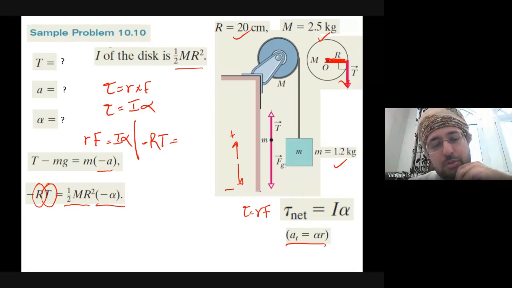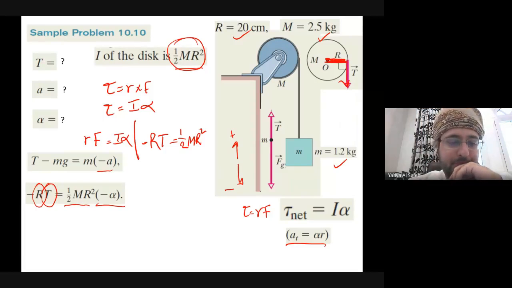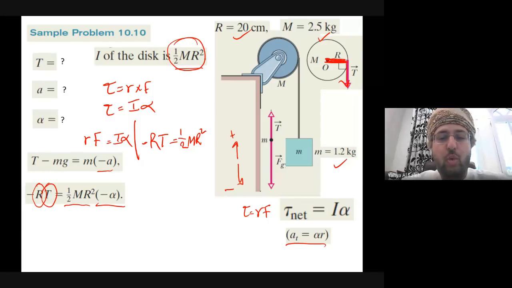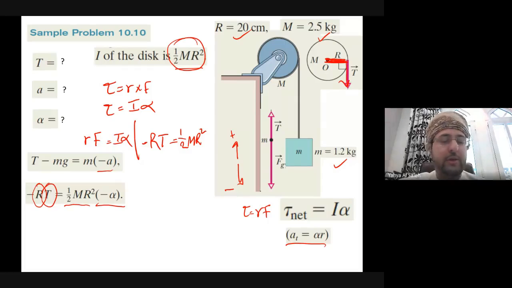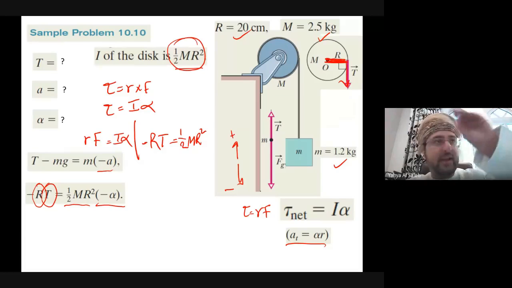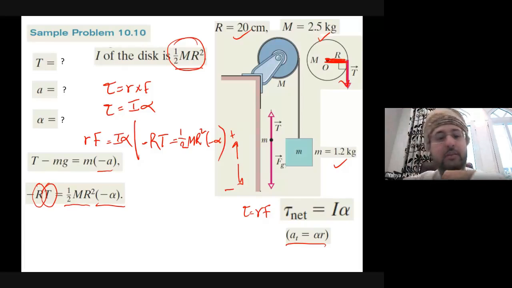It's equal to, my I is here, half MR squared. And my alpha, I don't know what it is, but I know that the pulley is going in a clockwise direction. And we said that clockwise is negative, anti-clockwise is positive. So minus alpha.